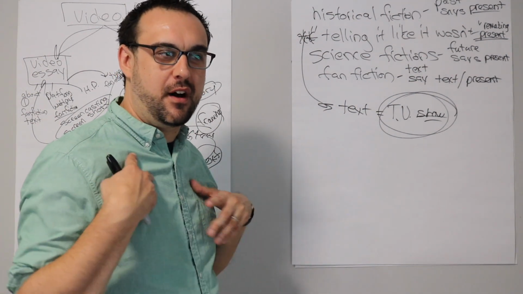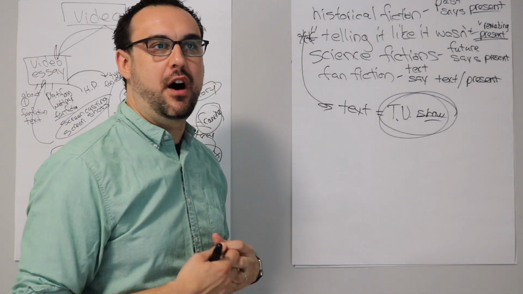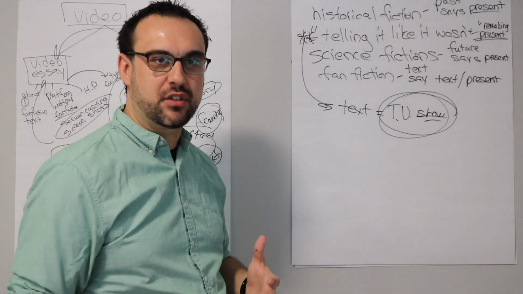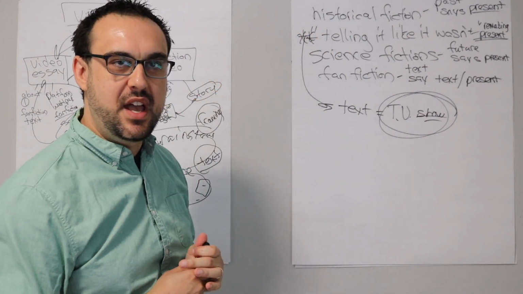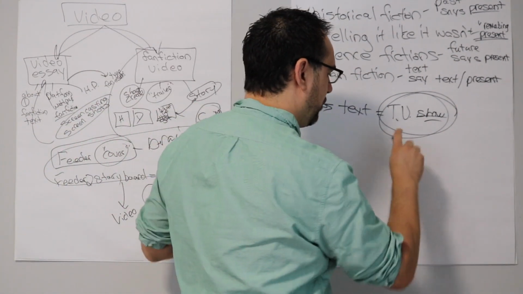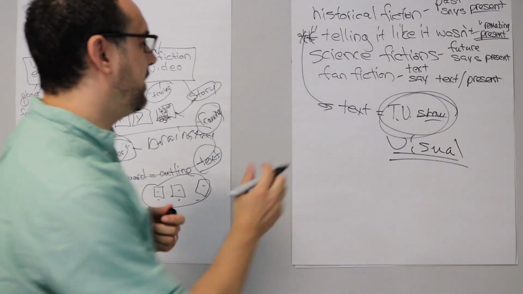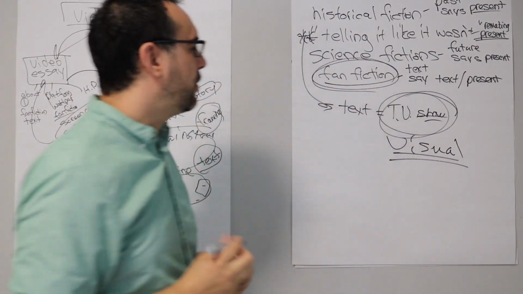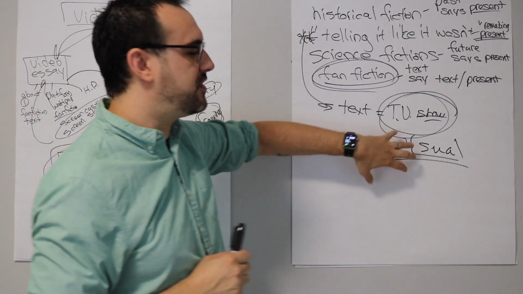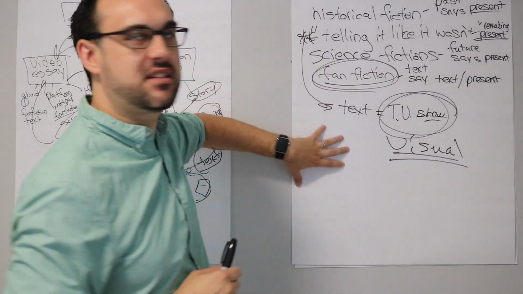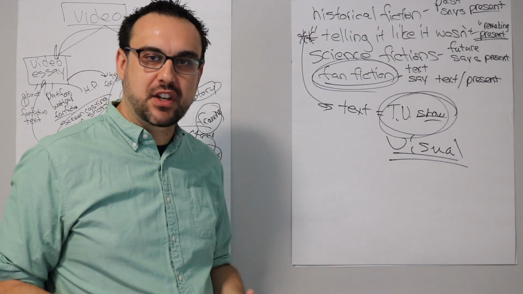What if Africa had a resource that was more advanced and more important than the rest of the world? So there's all these different ways of telling it like it wasn't. And all of this is moving into a visual medium, I want you to think about that. If fan fiction really doesn't have much of a visual aspect, what if we move this stuff into the visual, like the rest of these texts are? And what might that do to legitimize fan fiction?